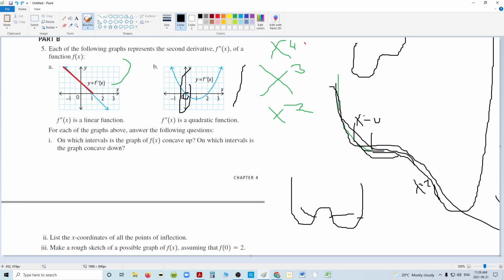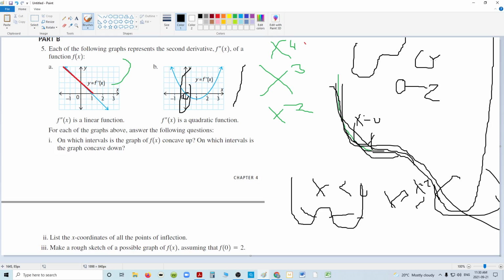Now they're saying, when is it concave up? It's concave up when x is smaller than 0, and it's concave up when x is bigger than 2. When is it concave down? That's when the double derivative is negative, so between 0 and 2.